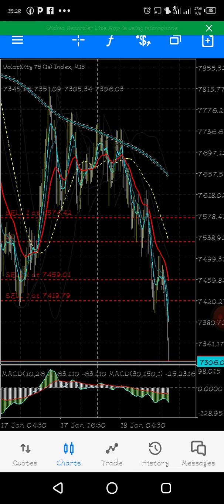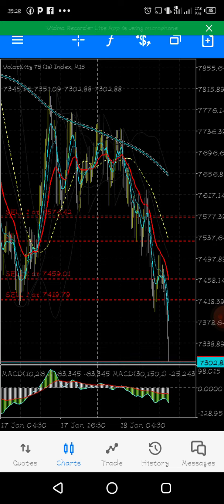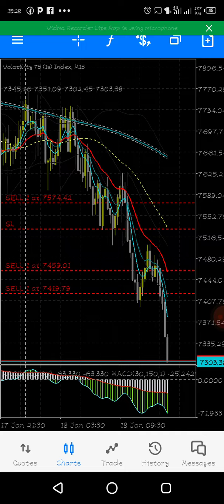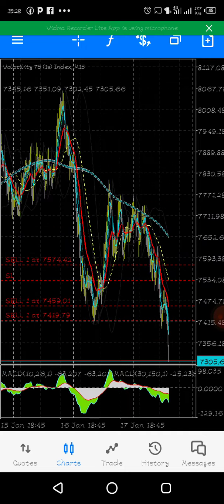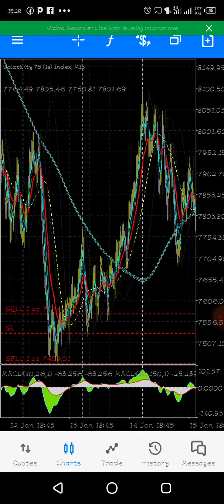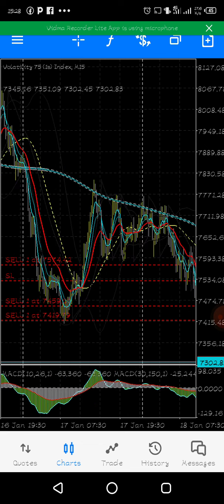As you can see, at this very moment the market is very volatile and running in very high momentum now. So what happens here is very simple. I'm trying to give you a good setup that you can always use for trade, and this very setup I'm giving you is what we call double MACD.